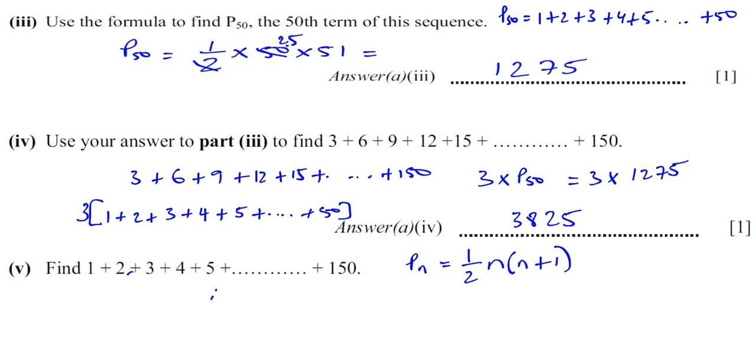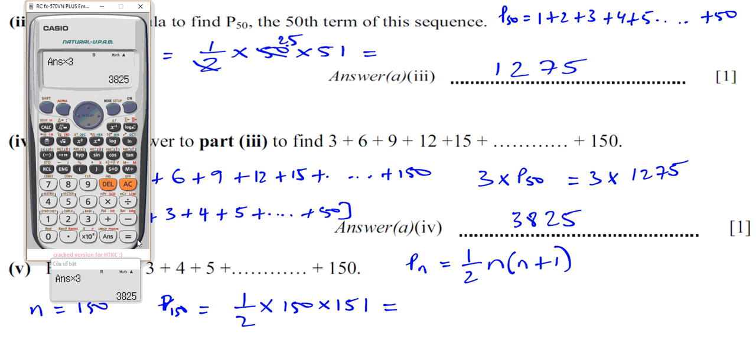So here, in this case, n is going to be 150. So it's going back to a simple case of that. So when n equals 150, then P of 150, the sum of the first 150 terms, is going to be given by a half times 150 multiplied by 151, which you can just plug into your calculator.